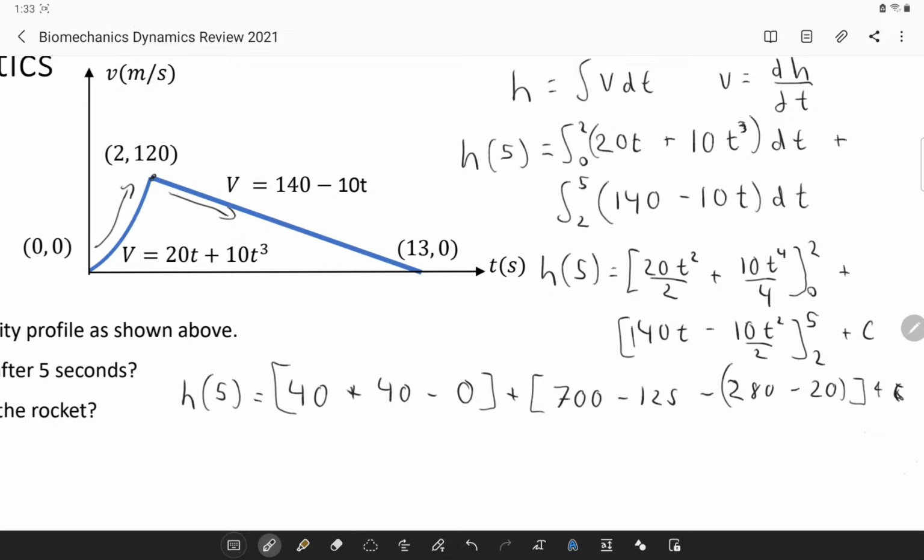And we know that at time equal to 0, height is equal to 0, so our constant should go to 0. We shouldn't have to worry about that. Let's start adding these up. 40 plus 40 is 80. Plus we have 700 minus 125, which gives us 575.